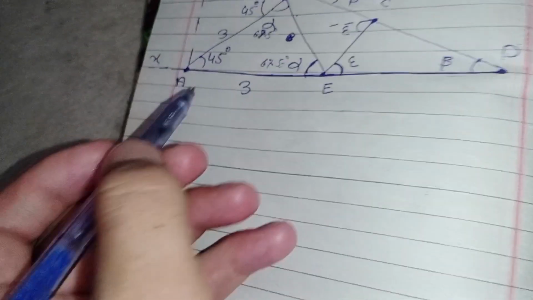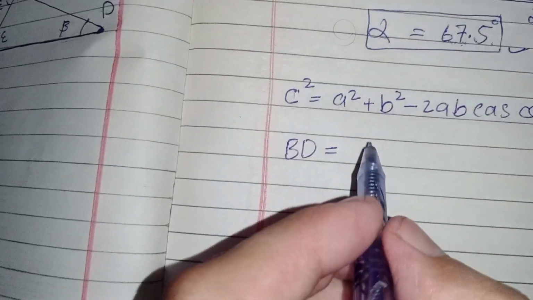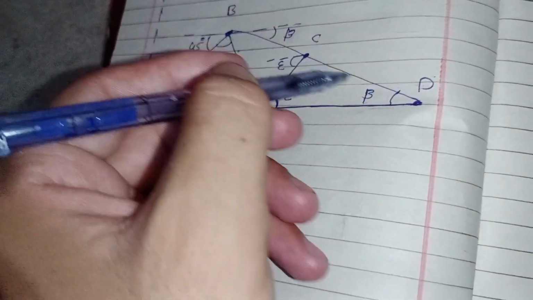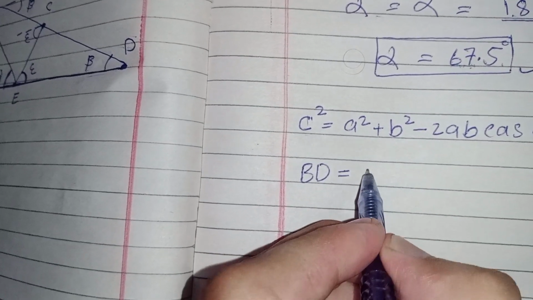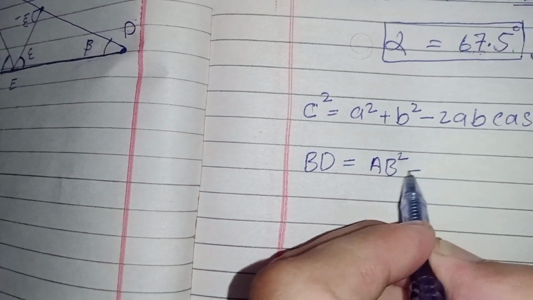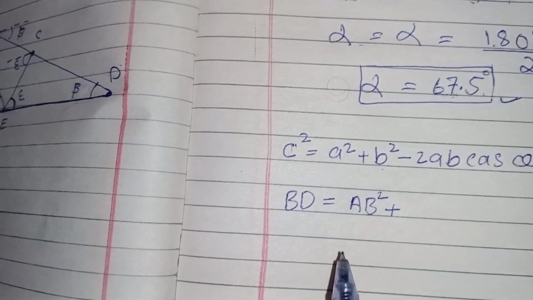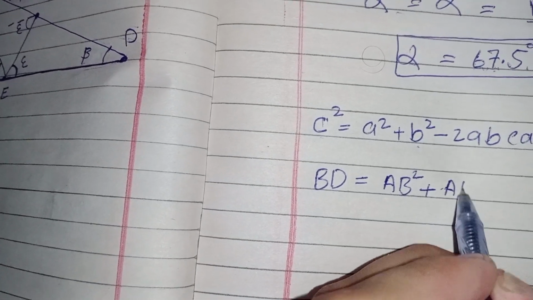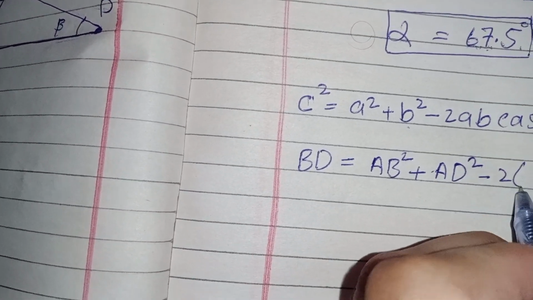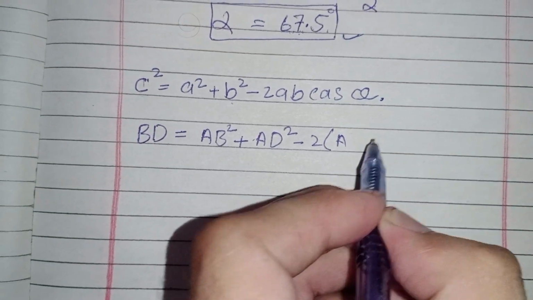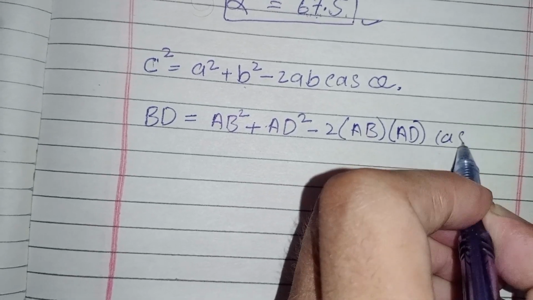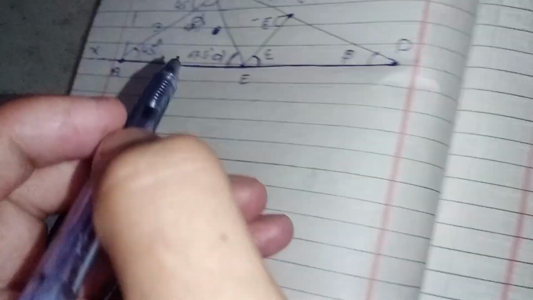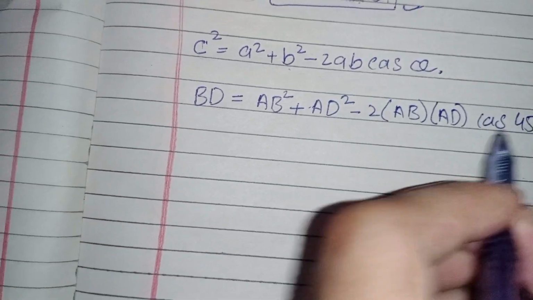BD equals, what is A? A is AB of this whole triangle. So AB squared plus B is AD, AD squared, minus 2 into AB into AD cos, and the angle is 45 degrees, so cos 45 degrees.